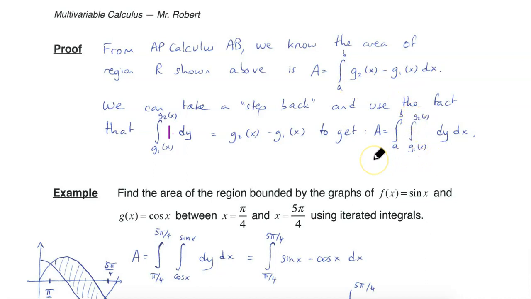And this is maybe a purer form. It's also a form that can be better expanded to 3 dimensions, 4 dimensions, 5 dimensions. It's just a sequence of integrals, and then you have dy dx or dz dy dx if we're looking for a volume, etc. But it's really immediate to see how this goes to what we know from AP Calc AB.